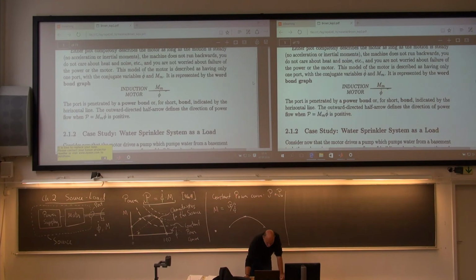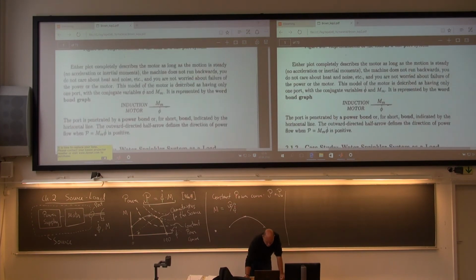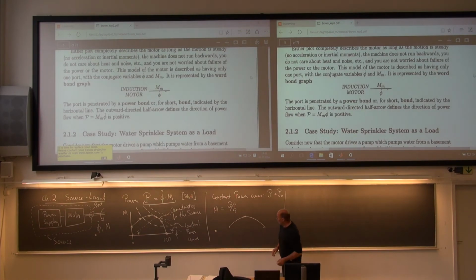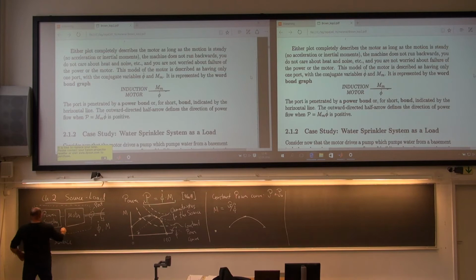We have an example here, a case study that we are going to look into. Before that, we will sort of rewrite the graphical drawing. So this is now what I have. We have the source, here a power supply and a motor.